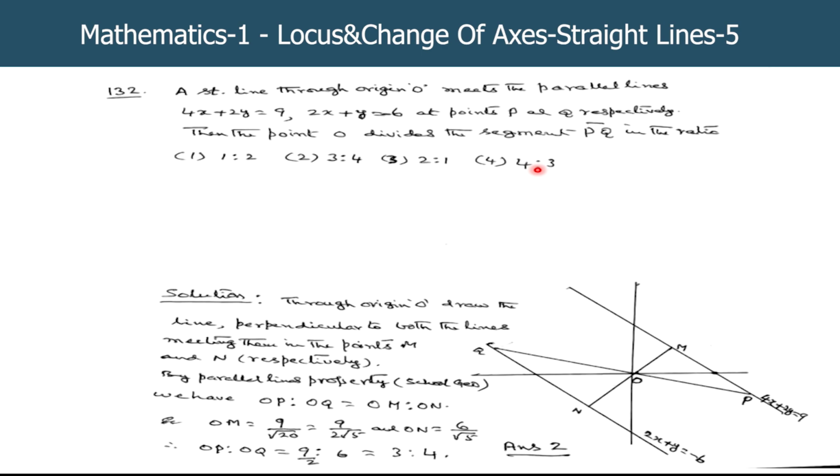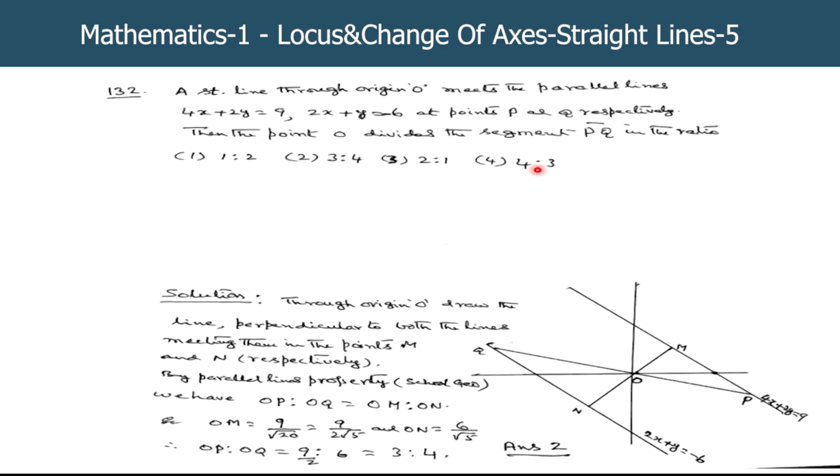if a transversal cuts them, the intercepts made on those parallel lines, the ratio is always constant. Whatever two transversals you take, that you have studied. So here, even though a line through O meets the parallel lines in P and Q, the ratio is always same, even if you take a line through O and perpendicular to both the given lines, at right angles to both the given lines.